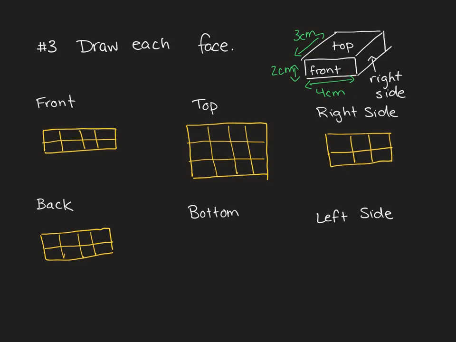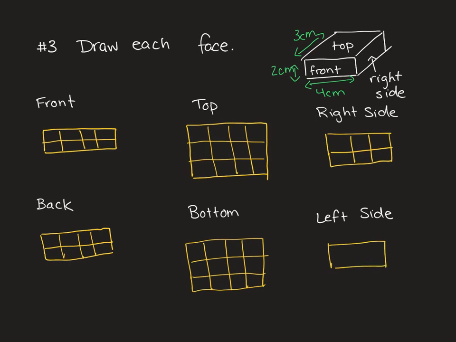The bottom will be the same as the top, so it will also be 3 by 4. And the left side is 2 by 3, because it's the same as the right side.